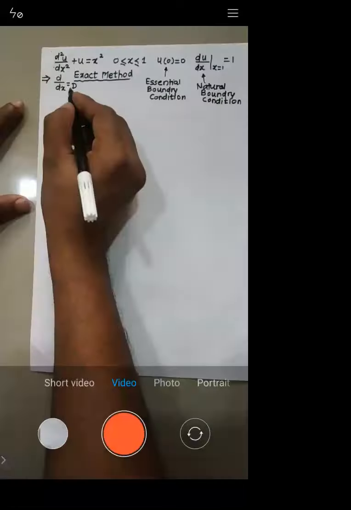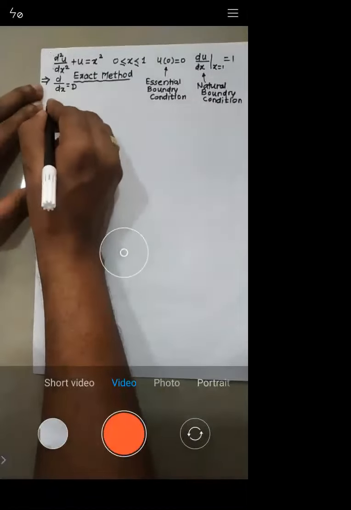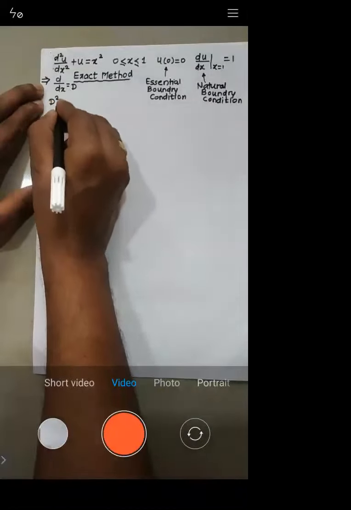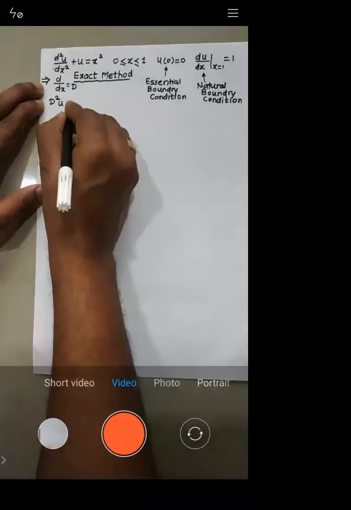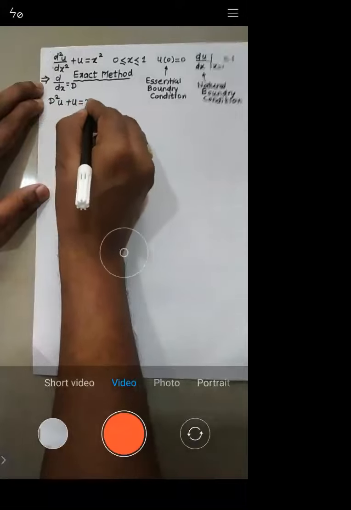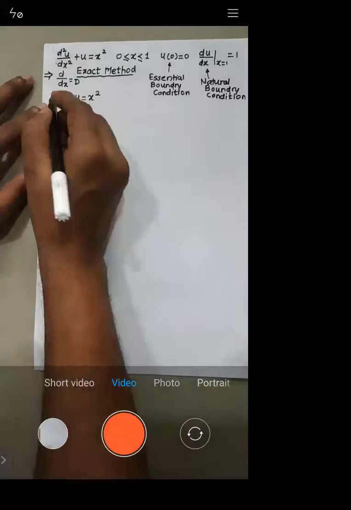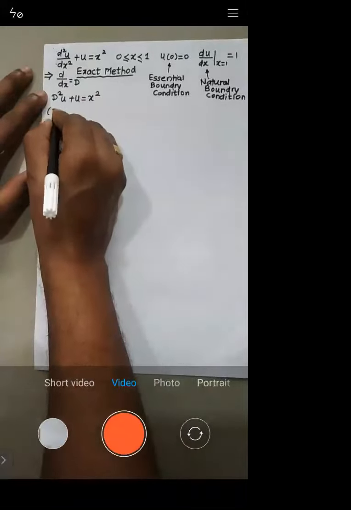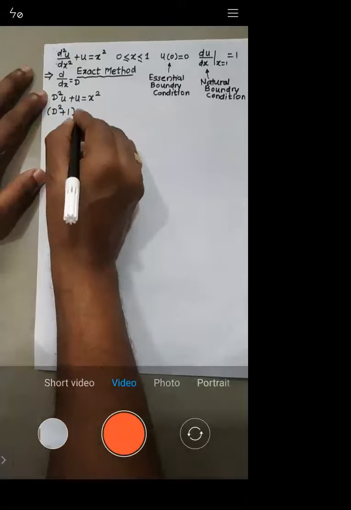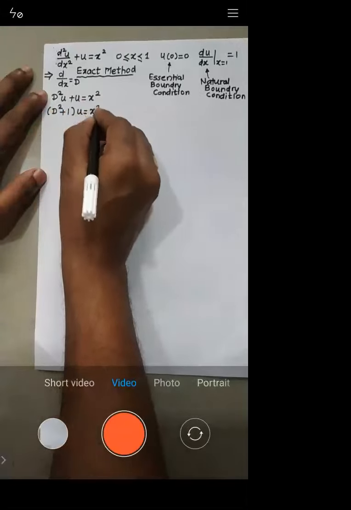So what I will get is like this: D square u plus u is equal to x square. From this, if I take u common, I get D square plus 1 into u is equal to x square.